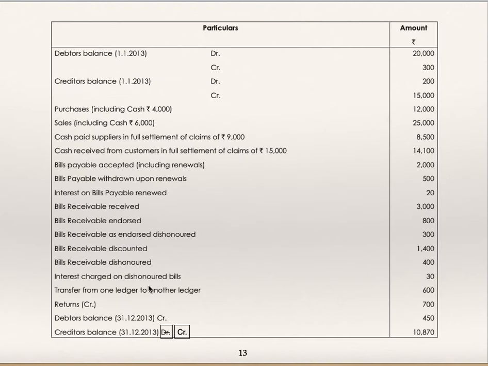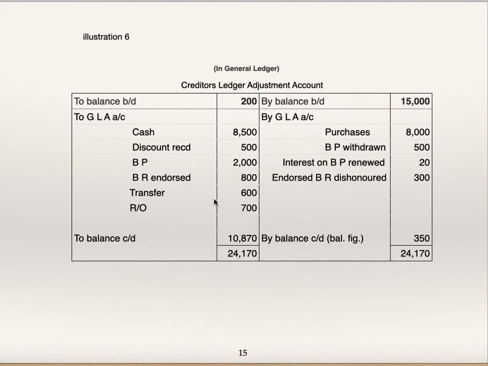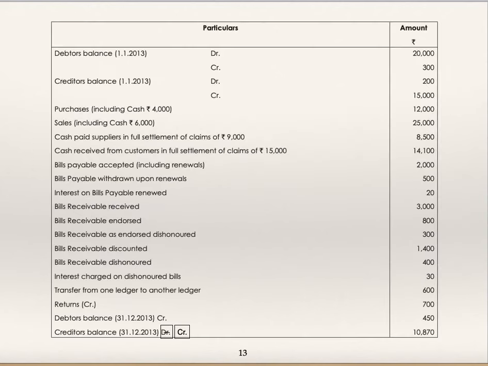Transfer from one ledger to another. Creditors debit, debtors credit 600. Debtors credit transfer 600 and creditors debit transfer 600. Return credit 700.